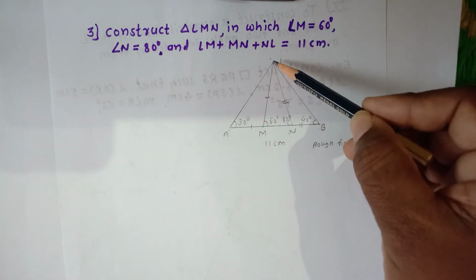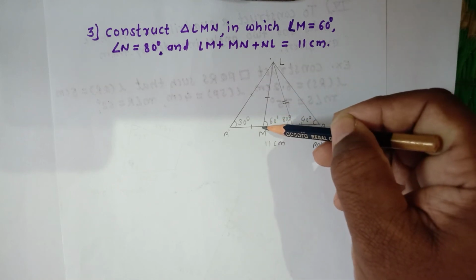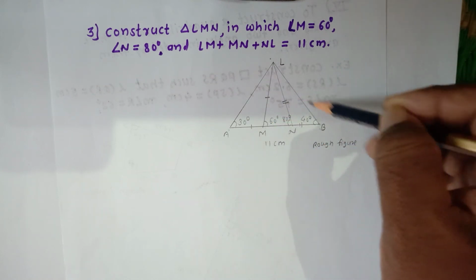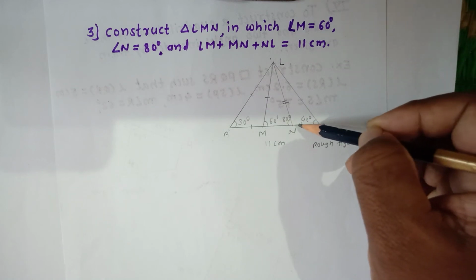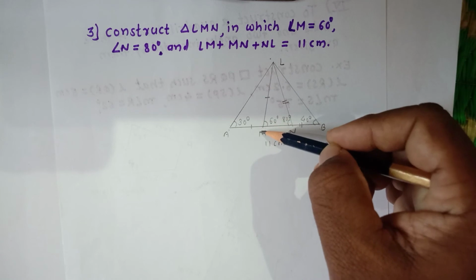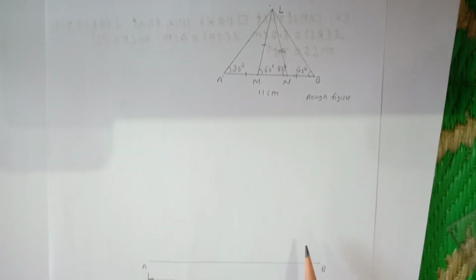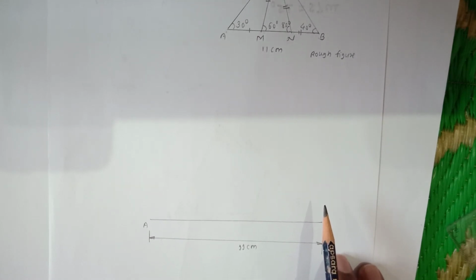Draw the perpendicular bisector of AL. So it will meet at point M. Draw the perpendicular bisector of BL. It will meet at point N. Thus we can construct triangle LMN. Let's construct this triangle.